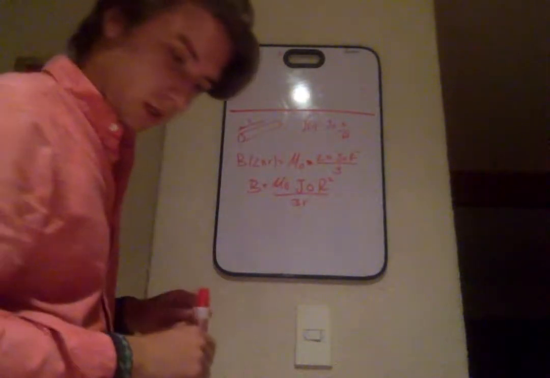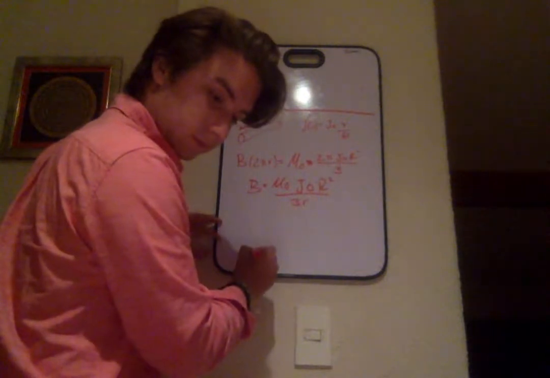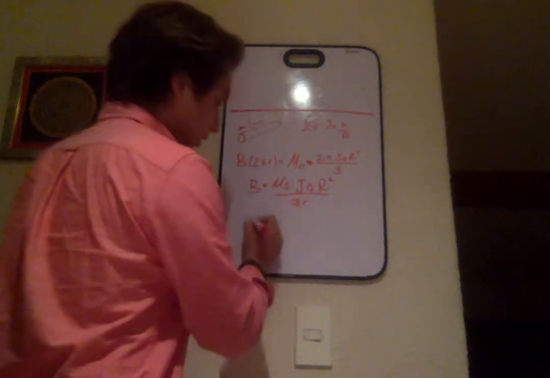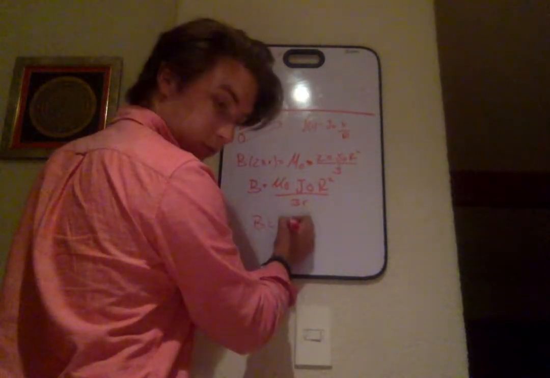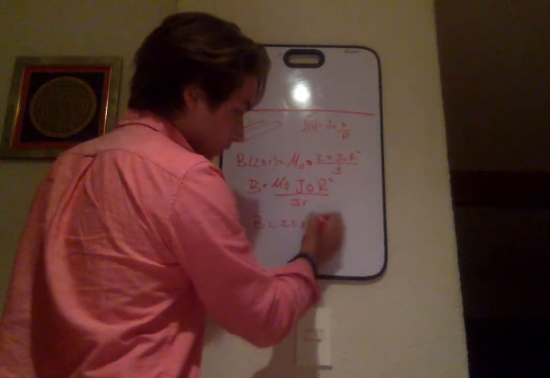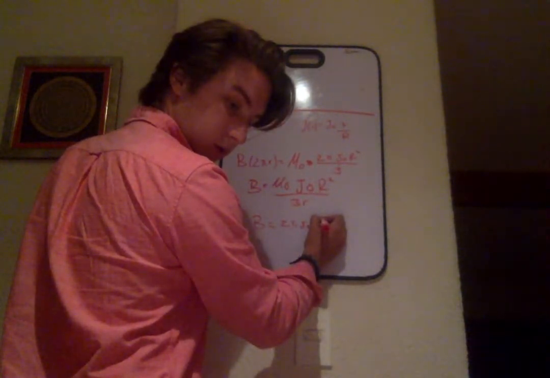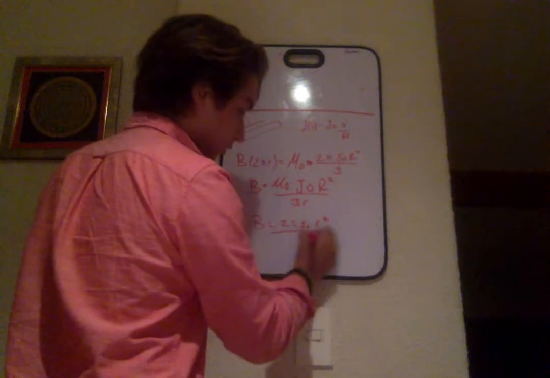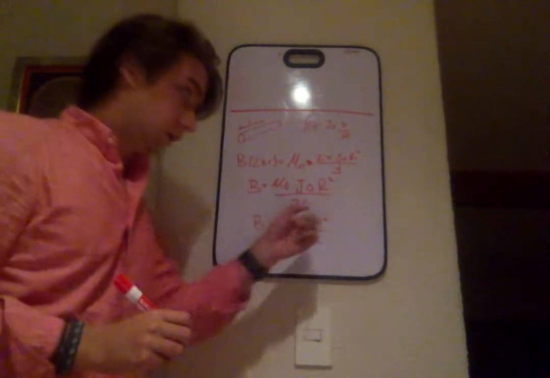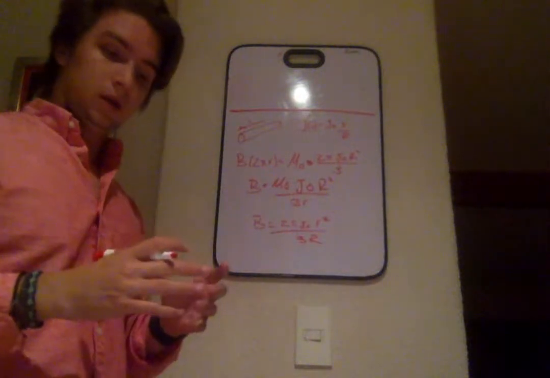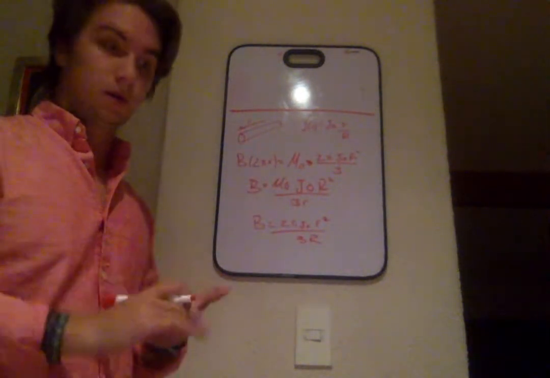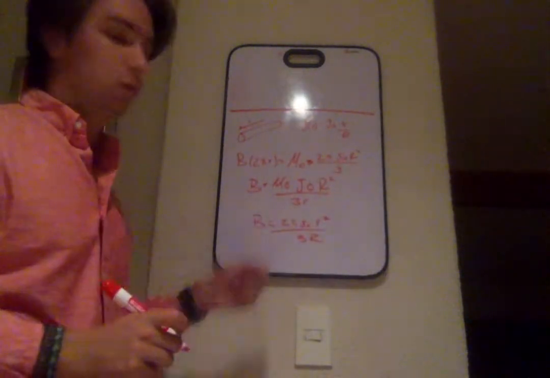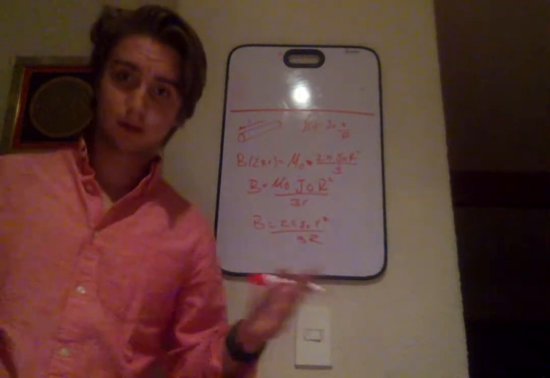And in the last one that I don't have over here, yeah, I have it, inside, we got B equals 2 pi j0 r cubic over 3R. Well, here, as the radius is directly proportional to B, then if we increase the radius, then B will be increasing too. And that's all.